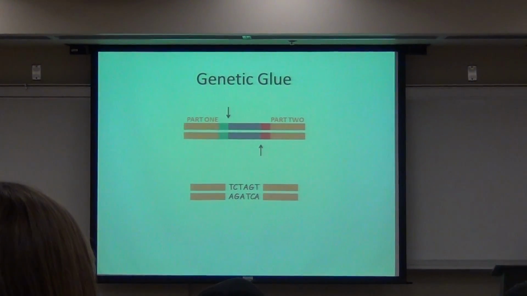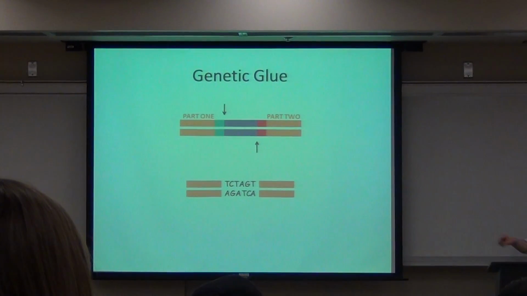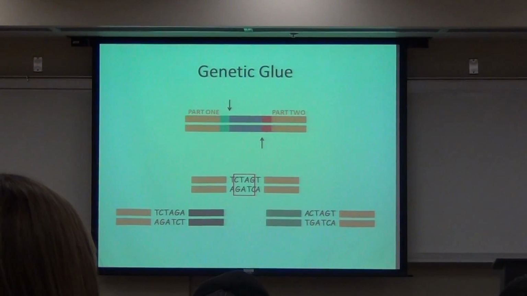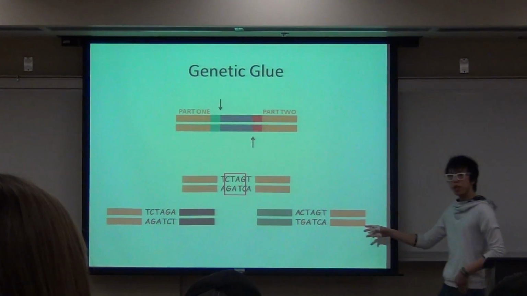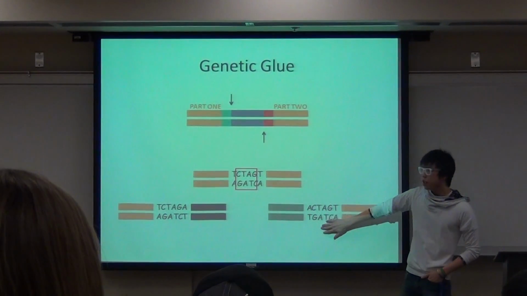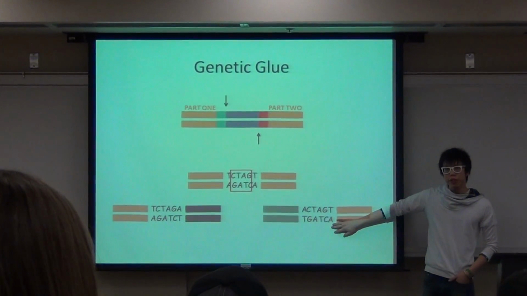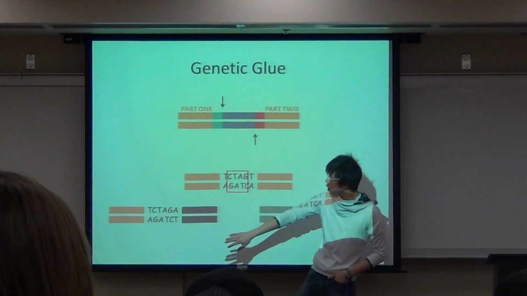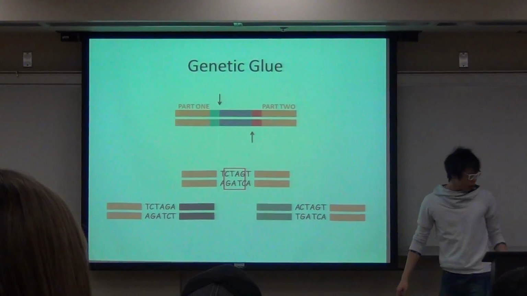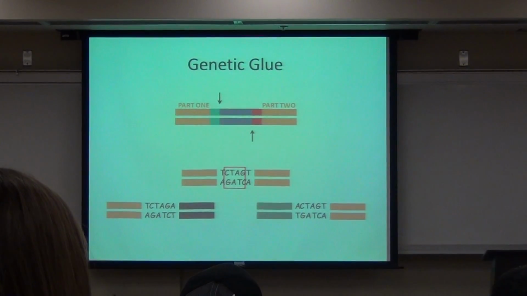So essentially, now we have a whole piece of DNA, and what I want to point out is if you compare this to the 2 sequences we started out with, we had this sequence, which was cut by one restriction enzyme, XbaI, and this one, which was cut by the other one, SpeI. Okay.